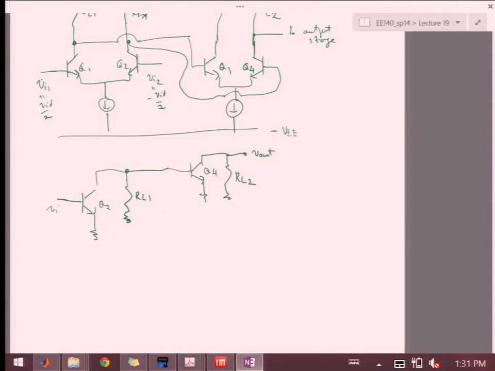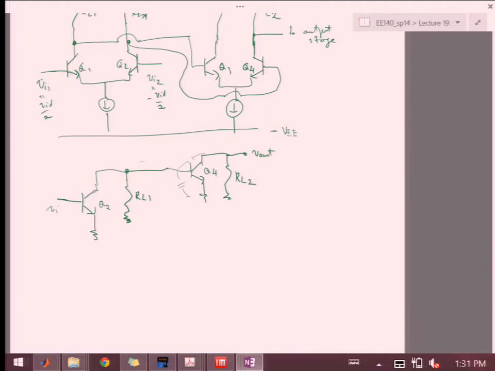Over here, we're going to have several poles, but the dominant one, or the largest one, naturally will be the one at this node over here, simply because we have the capacitance here, which is C pi, plus we have the C mu coming from over here, that is going to Miller back into what RL1 sees.